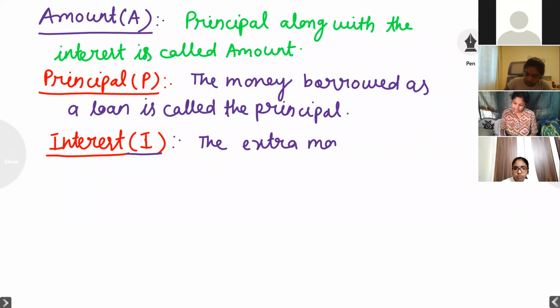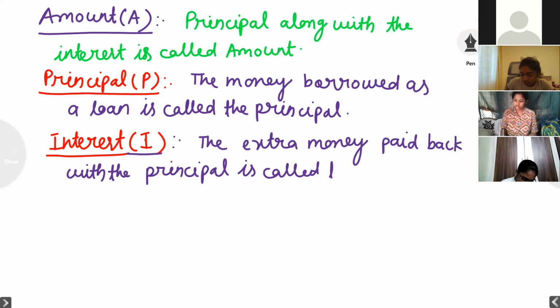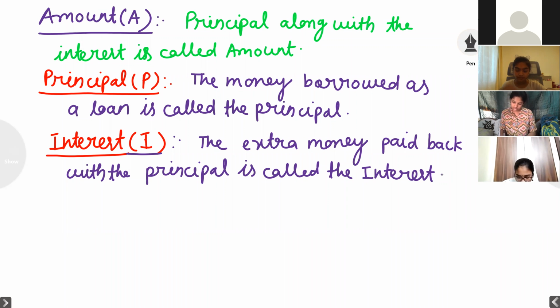The extra money paid back with the principal is called the interest. It means if we go to the bank and the bank person gives us a loan but asks for some extra money, the principal and the extra money, that extra is called interest.